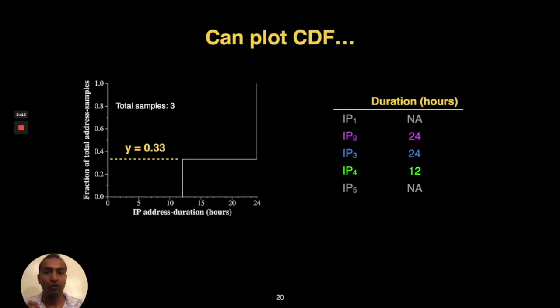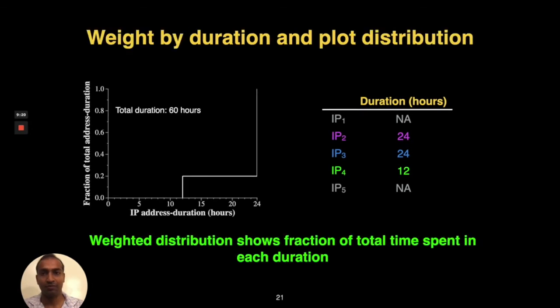However, we go for an alternate representation. In this alternate representation, we weight each duration by the duration itself and plot the distribution. Let me elaborate with this example. Let's sum up all the durations. That gives us a total of 60 hours. Next, we try to find what proportion of 60 hours each individual duration comprised.